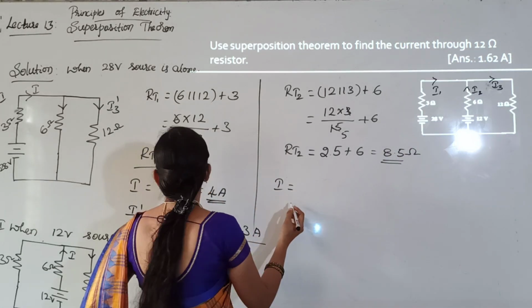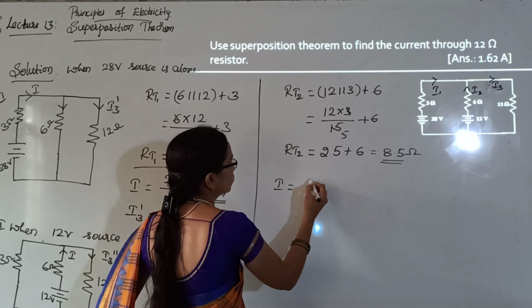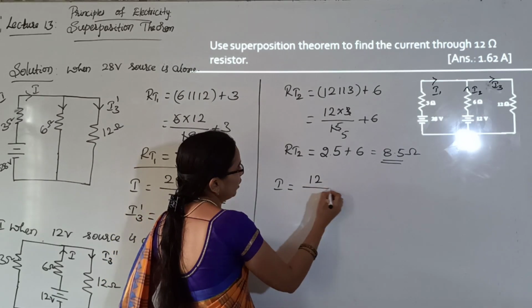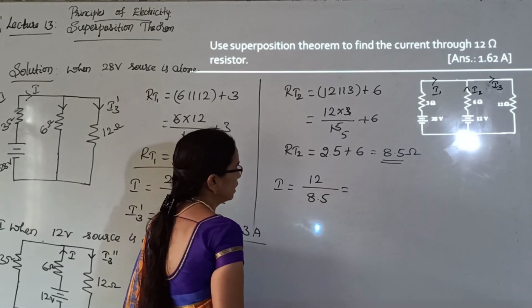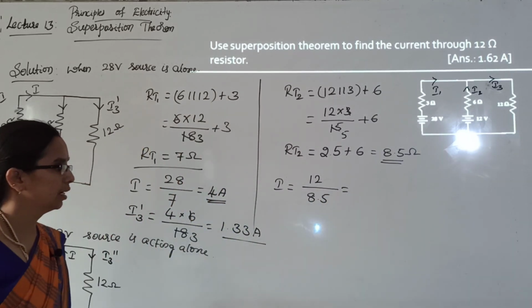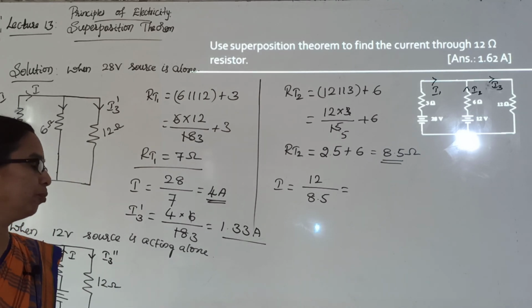Total current I is equal to total voltage supplied divided by total resistance, 12 by 8.5.